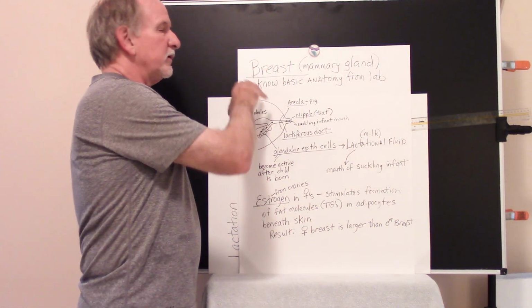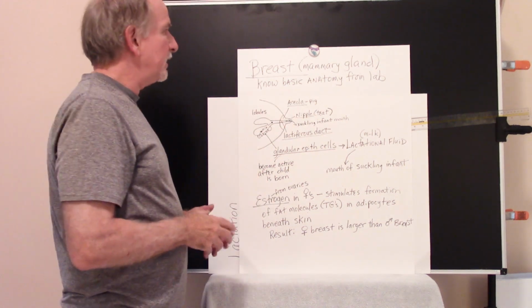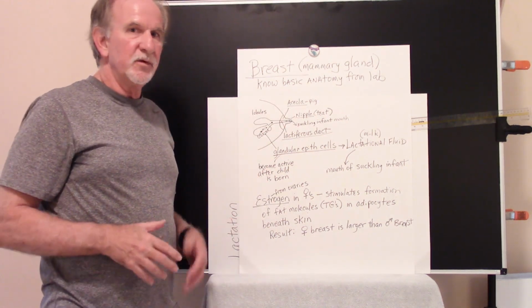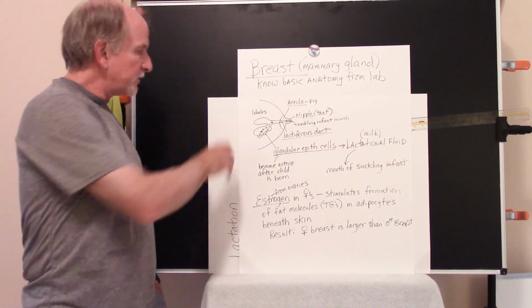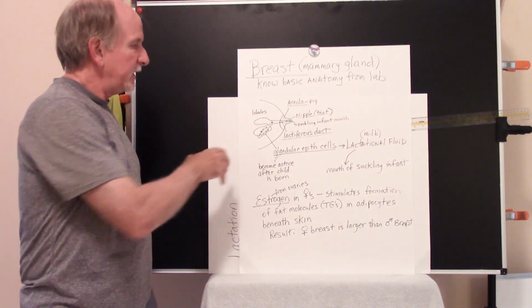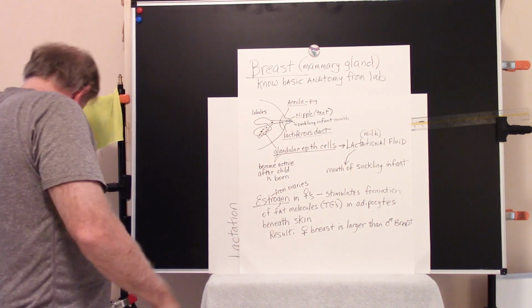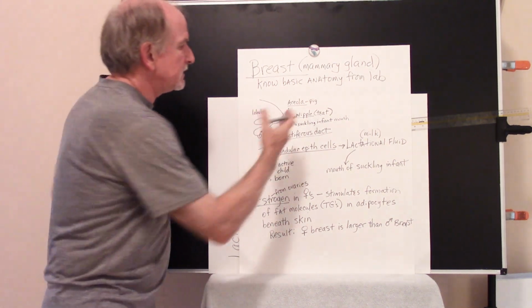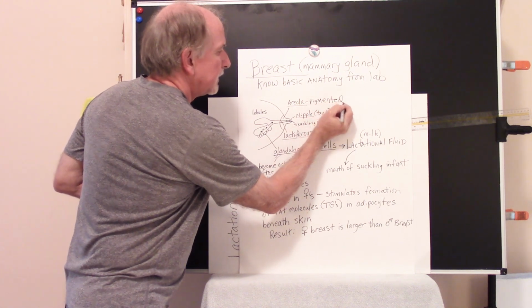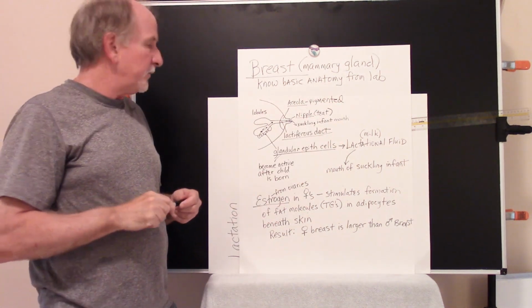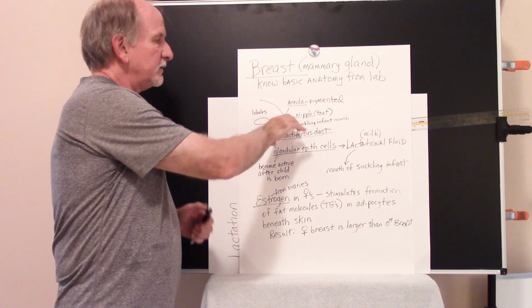So I do want you to know the basic anatomy of the breast that I covered in lab. But just to reiterate, this would be a breast, and the areola, whoops, looks like I didn't finish this, is the pigmented area around the nipple. The nipple is also known as the teat.